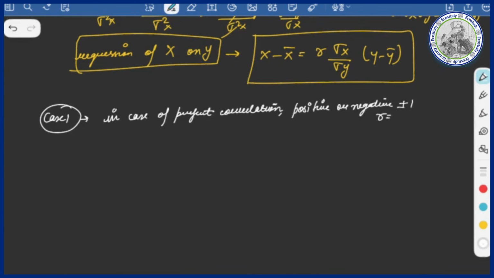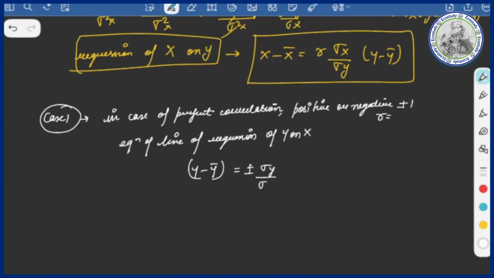Okay, so the equation of the line of regression of y on x will become y minus y bar is equal to plus minus sigma y upon sigma x into x minus x bar. With a little bit of change, you will get this.